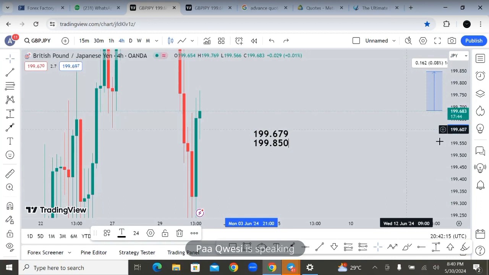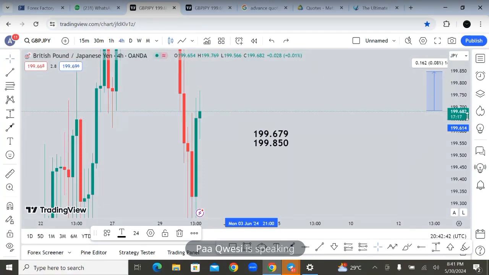It simply means, with £1, what you'll be able to get. In case you are holding pounds and you're about to travel to Japan, you can't spend pounds when you go to Japan. You have to change your pounds to yen. If you are holding £1, you'll be able to get 199.682 yen.